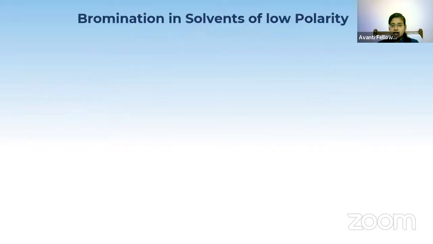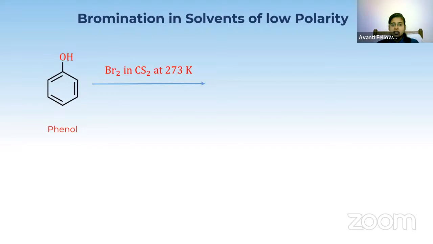Let me start with the solvent of low polarity and do the bromination. Take a phenol, and the halogen that I'm going to use here is bromine, and that's why the reaction is called bromination, in carbon disulfide, CS2, with carbon in the center and 2 sulfur. Carbon disulfide is an example of a solvent with low polarity, and we are heating it.